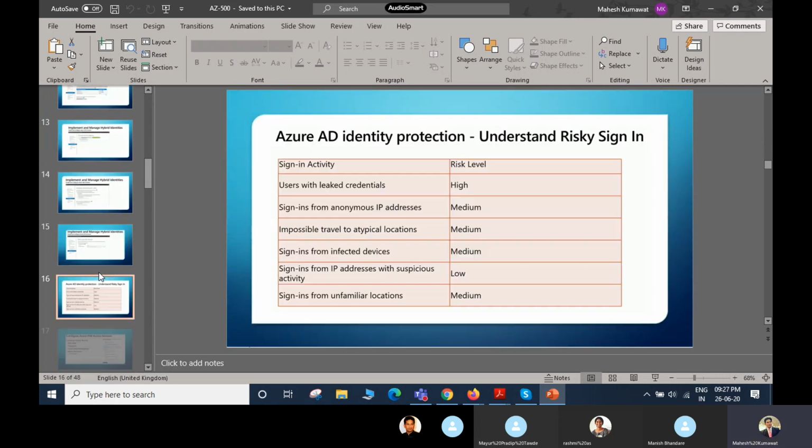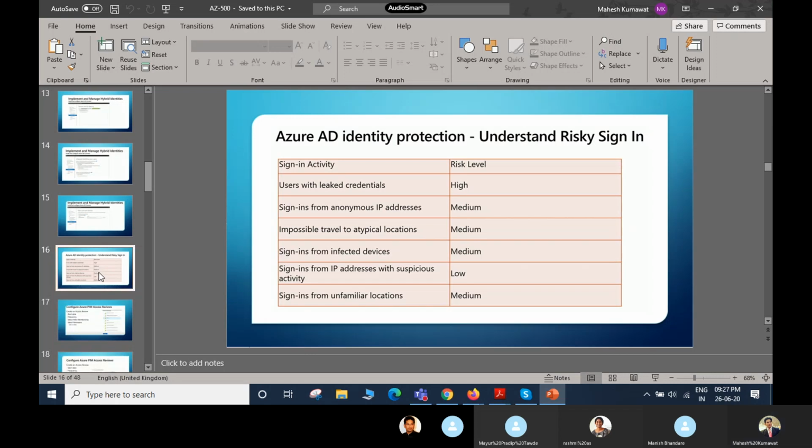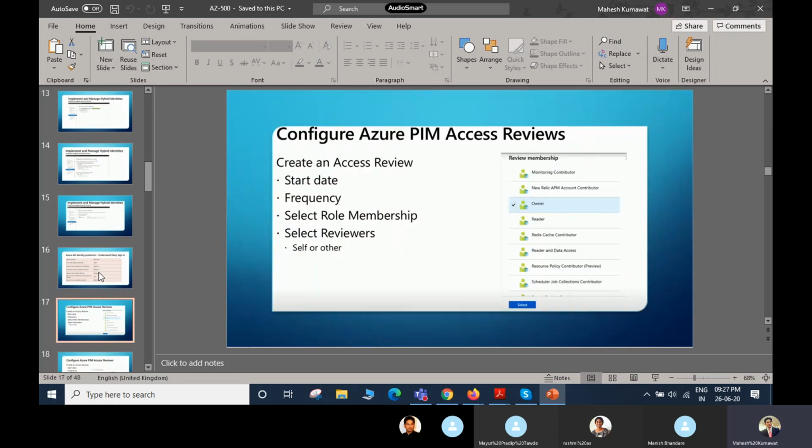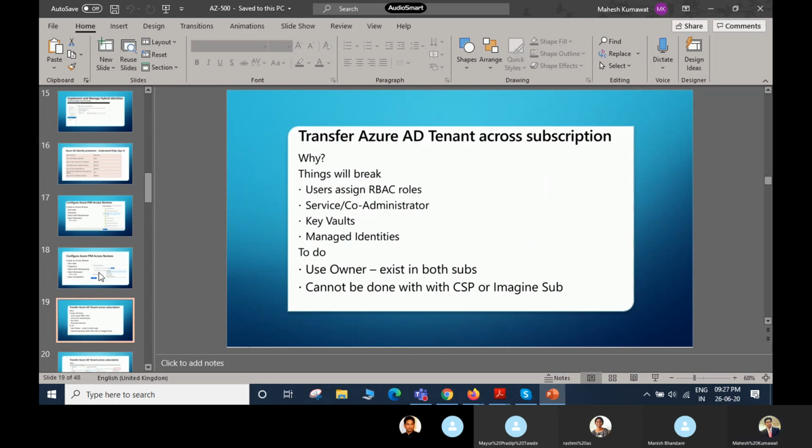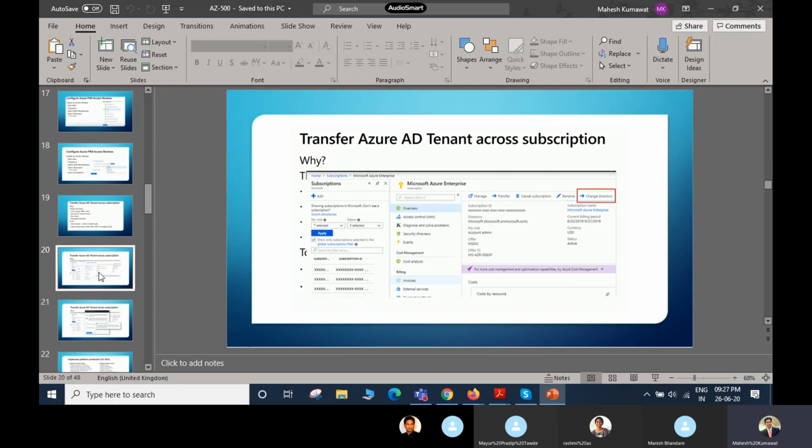These are the different services you're going to enable. You can say, sir, Azure AD Identity Protection we're going to enable. You can say, sir, Azure PIM, Privileged Identity Management. Okay. You can say, sir, we are going to transfer an Azure AD tenant across different subscriptions.